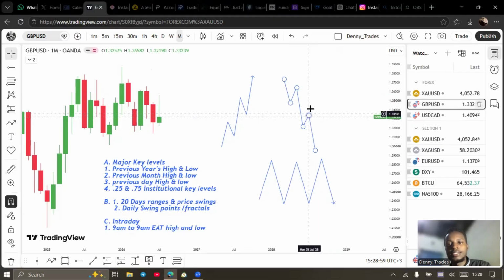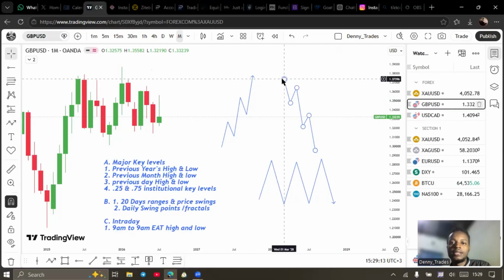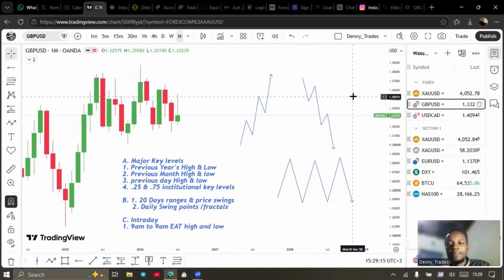Also, this is a lower high because it's lower than this high right here.